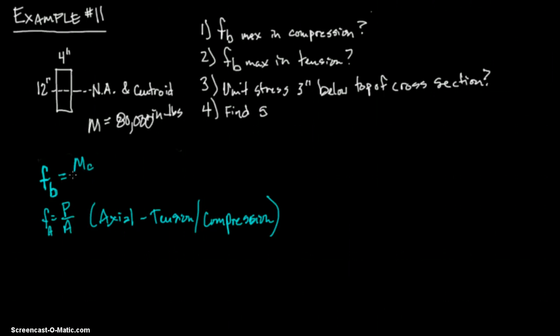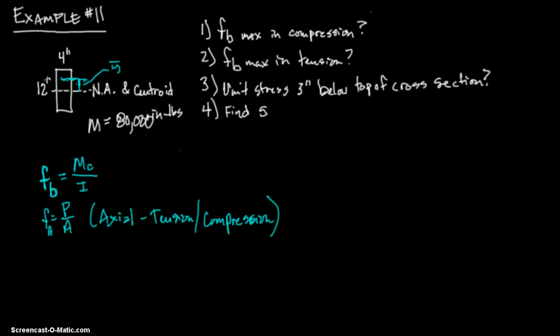The one thing that might be confusing is whether it's going to be C or Y, and the difference is at what distance from your neutral axis. Here they're defining y as the distance from the neutral axis to the fiber under consideration. So when you're looking at 3 inches down from the top of the 12 inch section, that's 3 inches up from the neutral axis, and this equals y.